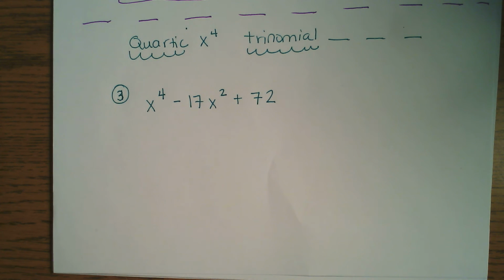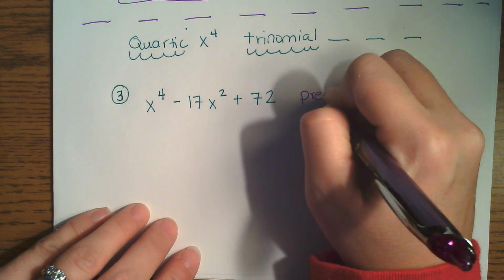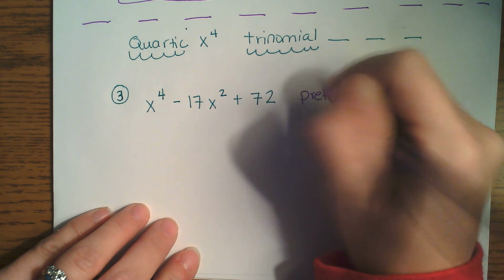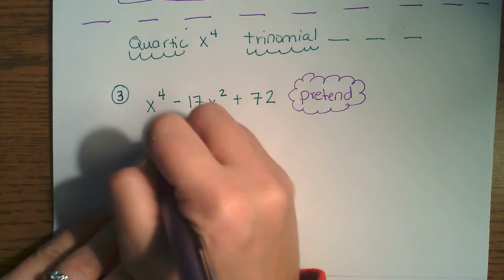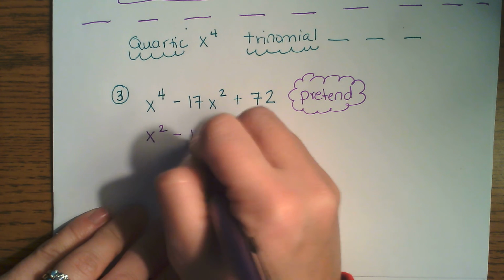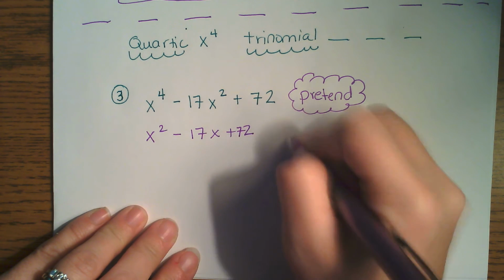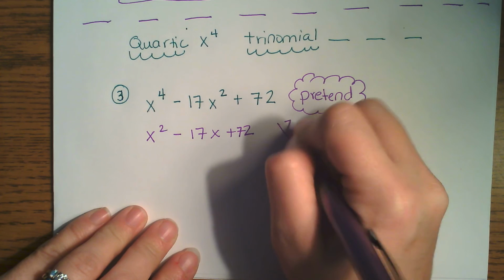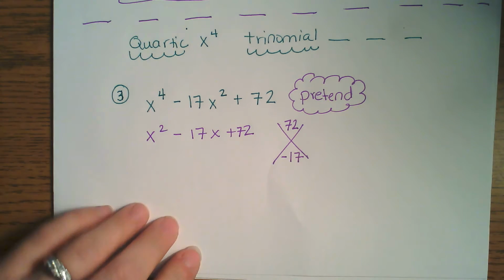So this problem sort of feels familiar-ish. These are the problems that I call pretend. Isn't that when you take the 4 and turn it into a 2? That's right. I pretend it's x squared minus 17x plus 72. And so then I can find factors of 72 that add to negative 17.